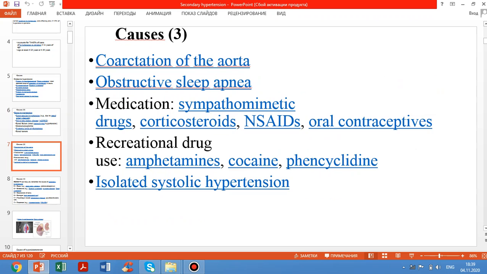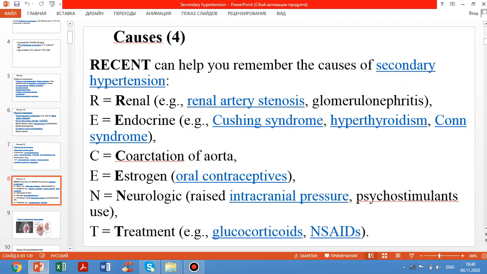Coarctation of the aorta, obstructive sleep apnea, medication, sympathomimetic drugs, corticosteroids, non-steroidal anti-inflammatory drugs, oral contraceptives. Recreational drug use, amphetamines, cocaine, phencyclidine. Isolated systolic hypertension is also a cause of secondary hypertension.